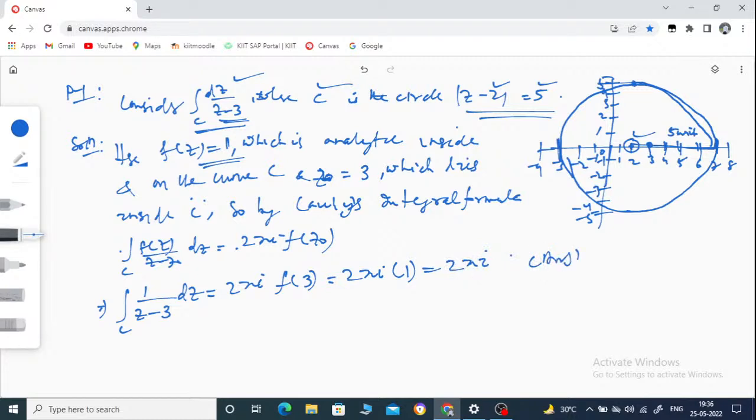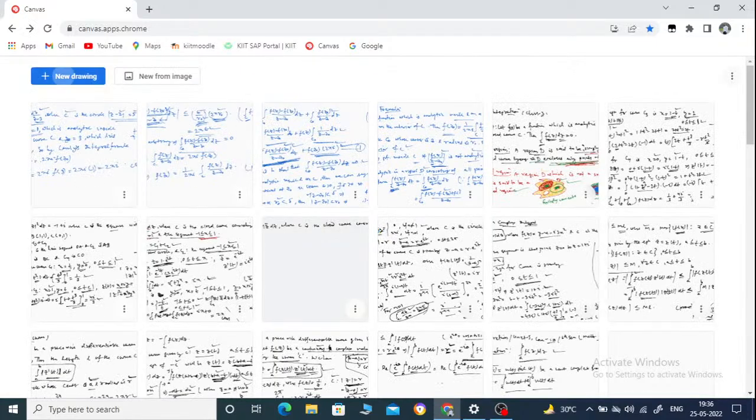Now comes a statement only. What is the maximum modulus theorem? Maximum modulus theorem.